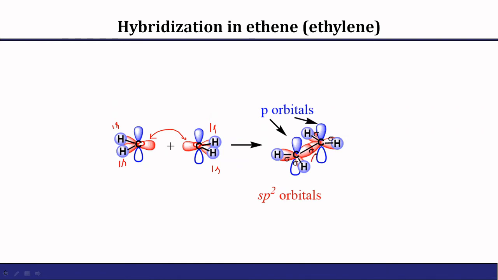These 2 lobes combine together, overlap, and generate a bond that is called a sigma bond, because it arises by head-on overlap of sp2 hybridized orbitals of carbon atoms.